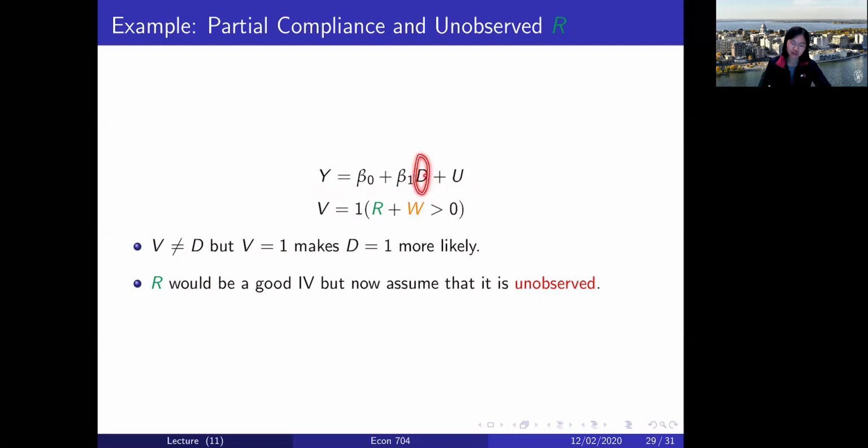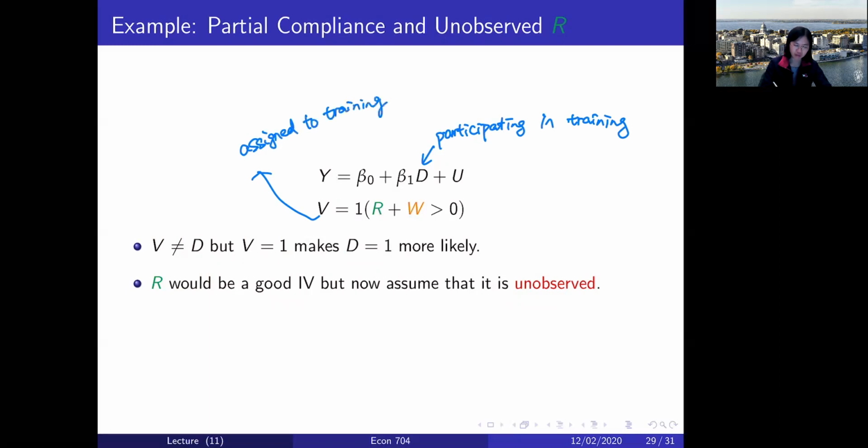D is the dummy variable for participating in the job training program, and V is assignment to training. The assignment V can be randomized, but D is not equal to V. That is, there is partial compliance.